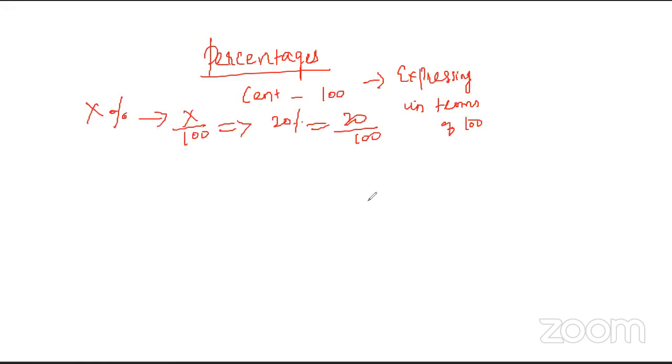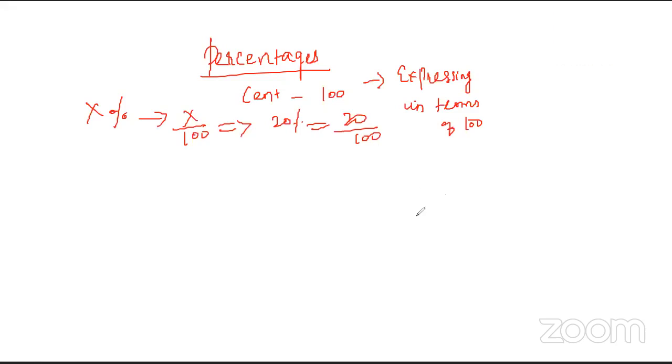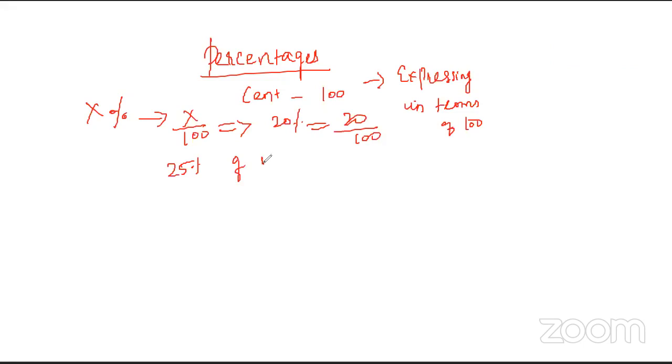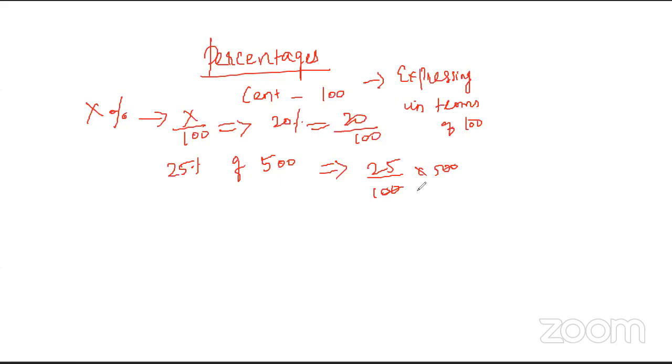Listen here. Percentage is one of the basic topics. For example, what is 25 percentage of 500? If the question is asked like this, what will you do? 25 percentage means 25 by 100 into 500. So the zeros get cancelled, which is 25 fives, or 125.